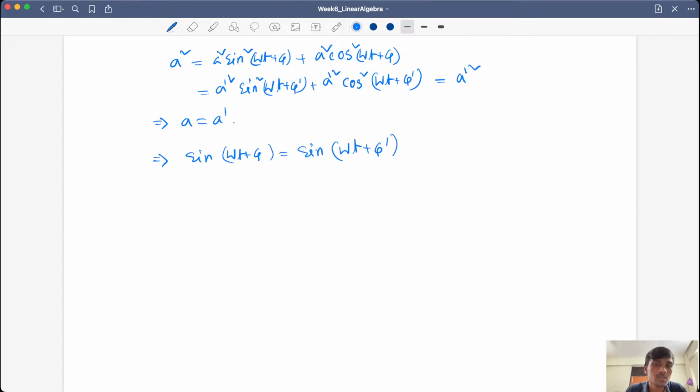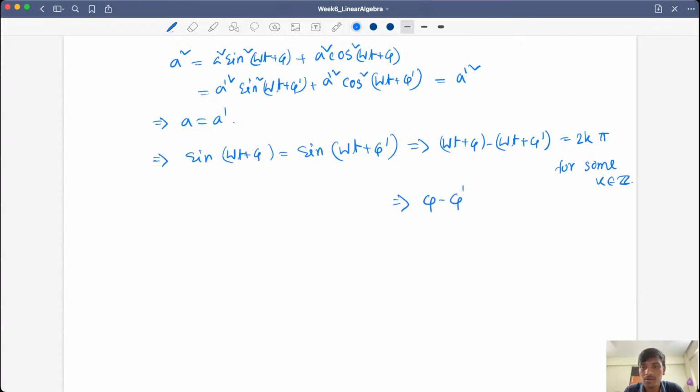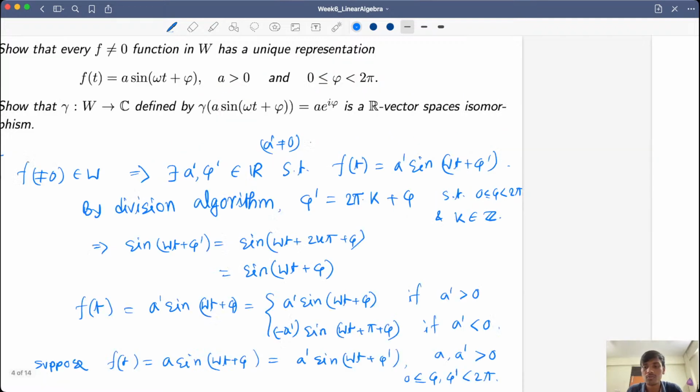But sine is 2 pi periodic, so if two values are the same, then I must have omega t plus phi minus (omega t plus phi prime) equal to 2k pi for some k belonging to Z. That means phi minus phi prime equals 2k pi, but phi and phi prime are both between 0 and 2 pi, right?